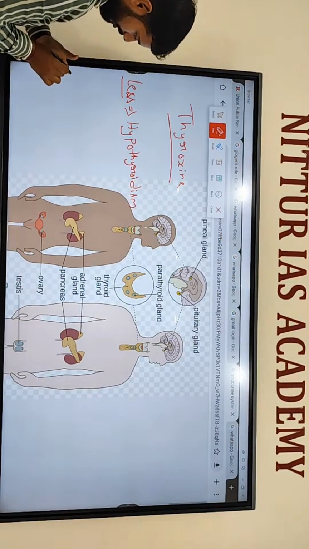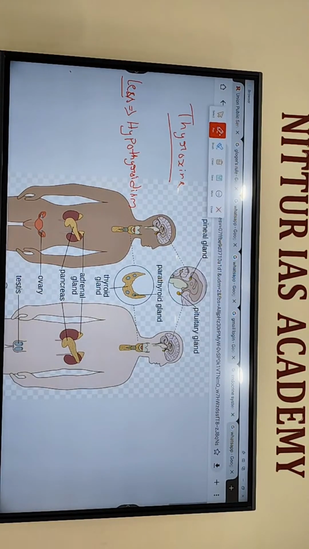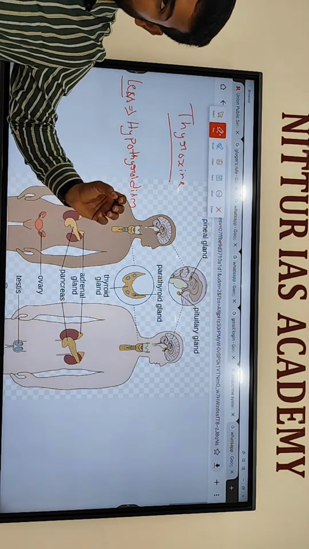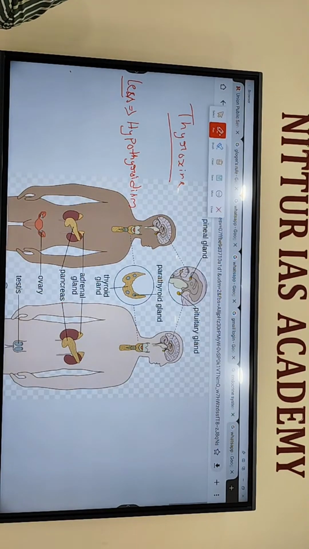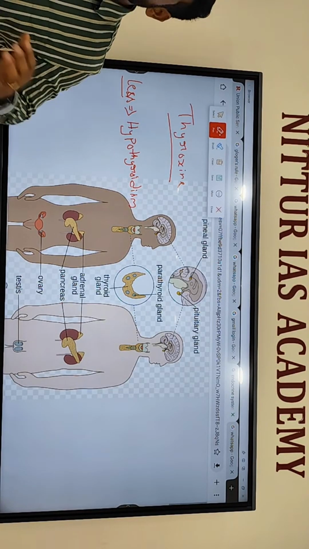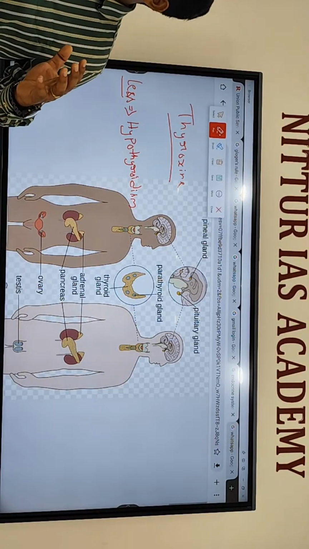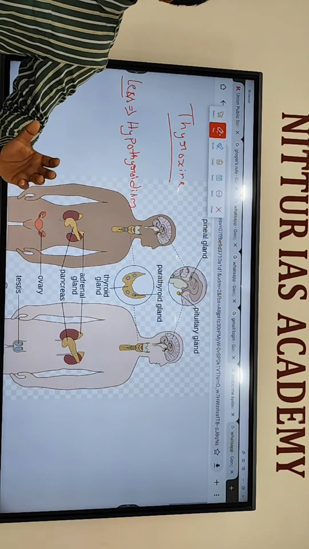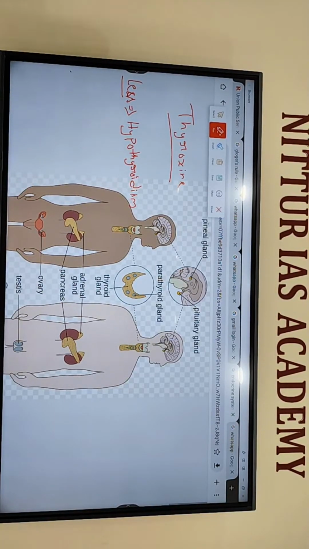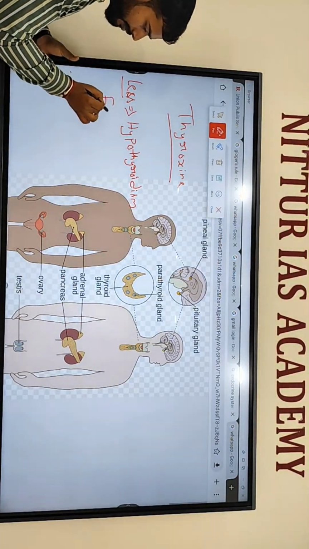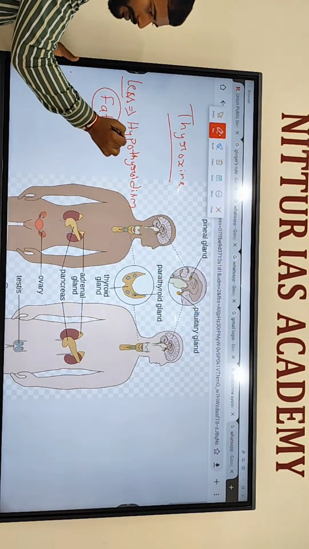Hypothyroidism. What happens? The function of thyroxine is controlling the rate of calories burnt, how much should be burnt. Hypothyroidism means less thyroxine is secreted, so it cannot burn calories. The calories accumulate and the weight of the person will increase. The person will become fat, obese.